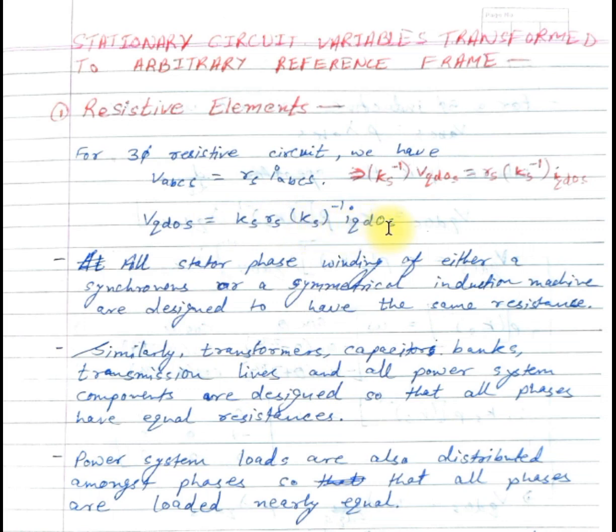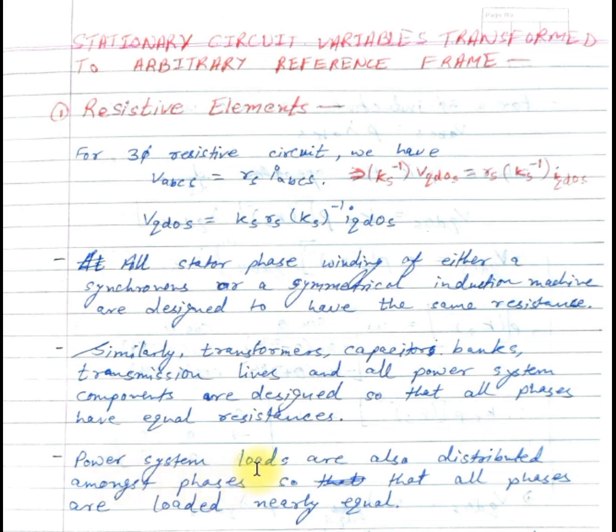All stator phase windings of either a synchronous or symmetrical induction machine are designed to have the same resistance. Similarly, transformers, capacitor banks, transmission lines and all power system components are designed so that all phases have equal resistances.